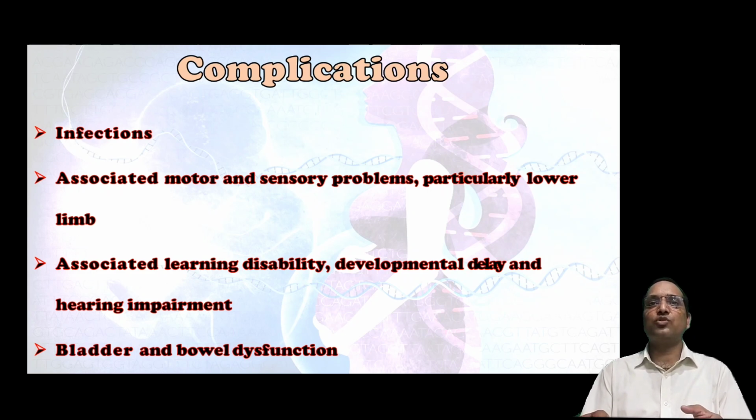There may also be learning disability, developmental delay or hearing impairment, and bladder and bowel dysfunction. So these are the complications of the neural tube defect.